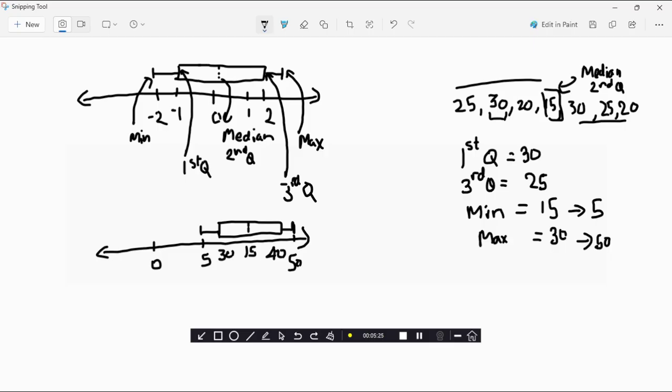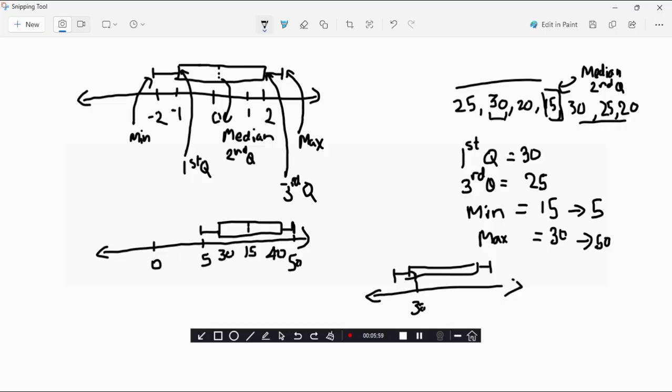In an ideal world, this is what you would see with your box whisker plot, but we don't live in an ideal world, so we do have values that are out of the ordinary and may not fit perfectly on your number line. However, if you were to jot down your box whisker plot, we know that our first quartile will be 30.